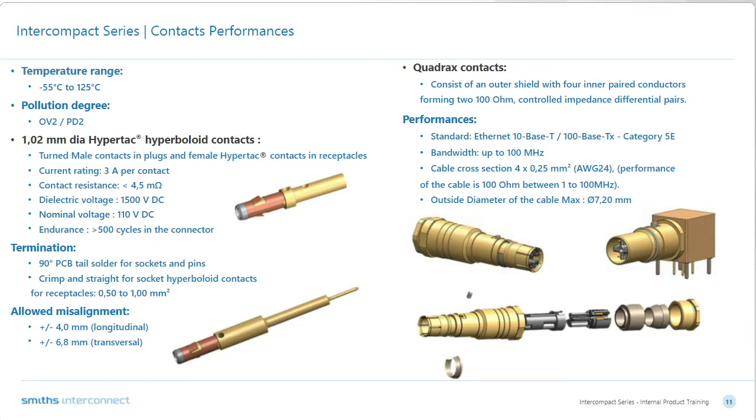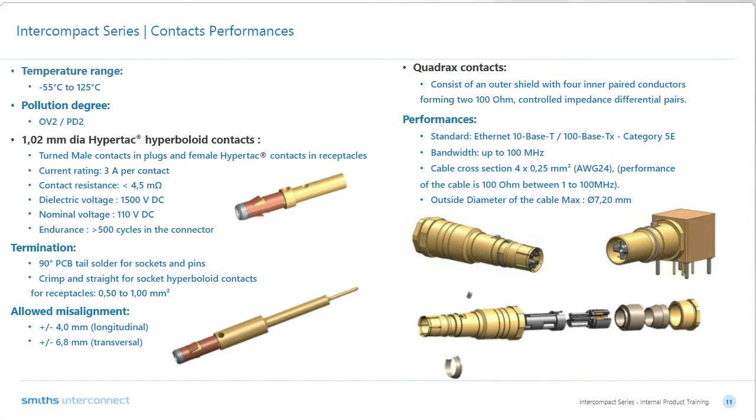The contact is up to Cat 5e. If you're working towards another application which requires a higher data rate, then again, please reach out to us. We are openly discussing that sort of application with a few other customers. So I'm more than happy to take into account your areas, your use cases, and try to expand the data rate of these contacts.